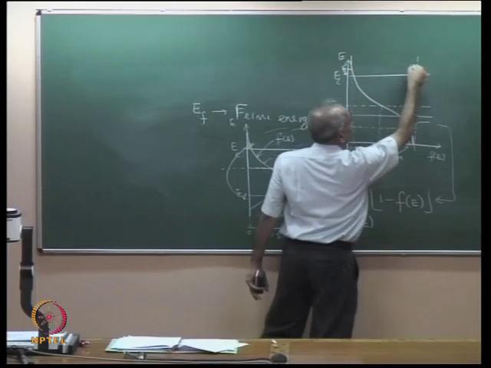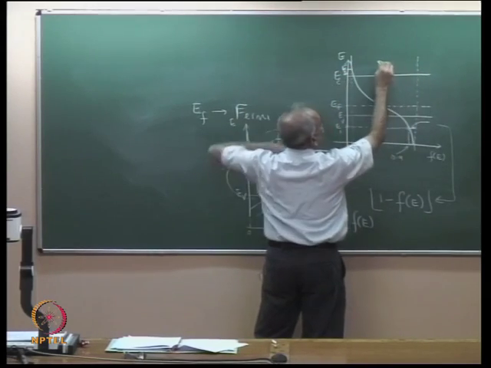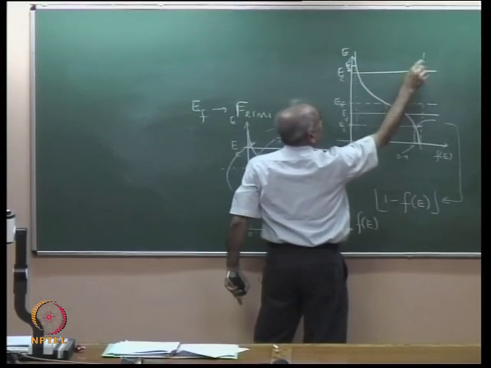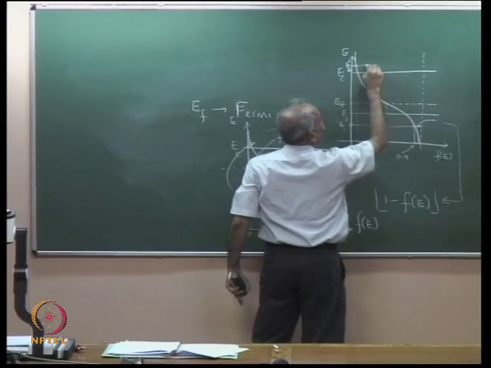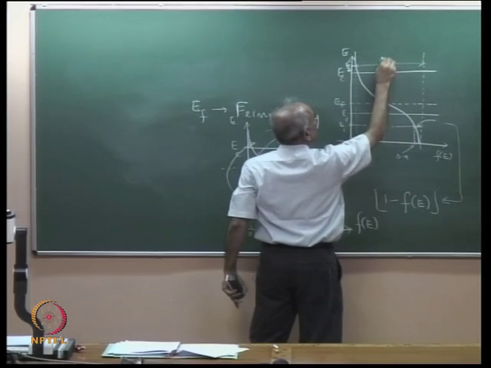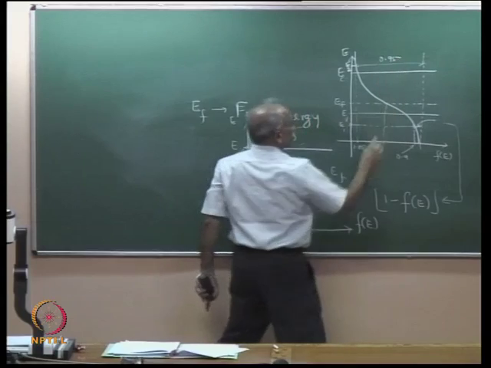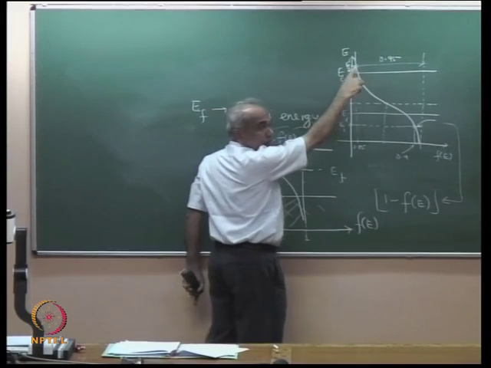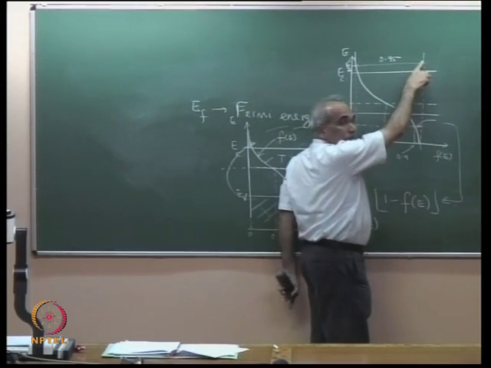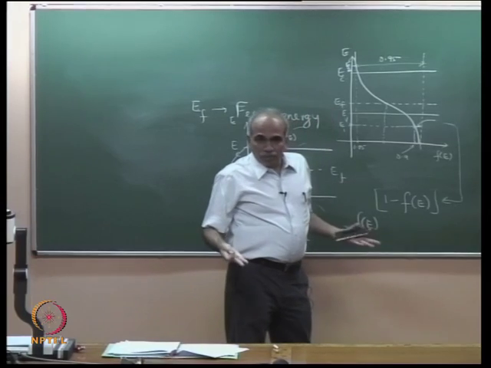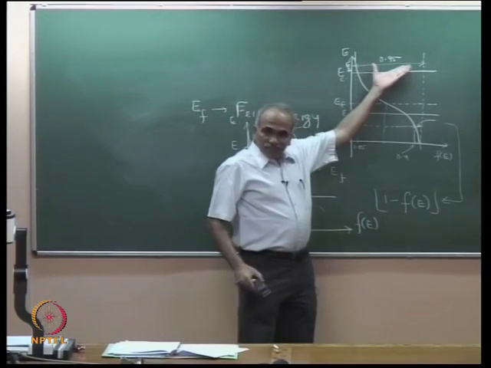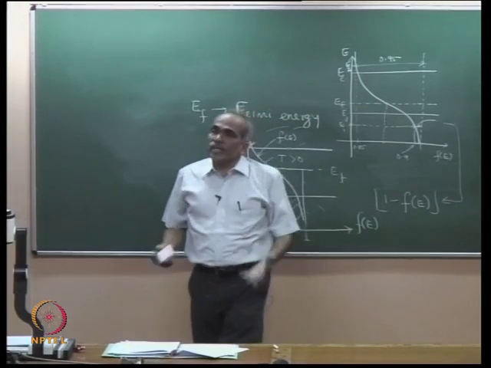What is the probability that there is no occupation? That is 1 minus f of E, which is 0.95. That is not the probability of occupation of a hole, but the probability that the state is vacant.